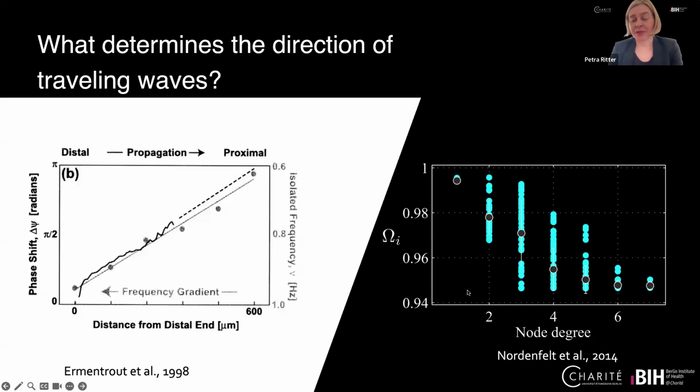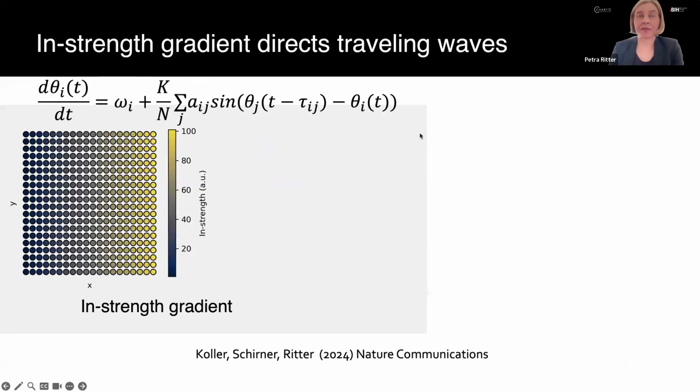Now, being aware of this, Dominik Koller first generated a relatively simple network, a grid network of coupled oscillators. As you can see here, these are the oscillators, and they are coupled, and he implemented an in-strength gradient.